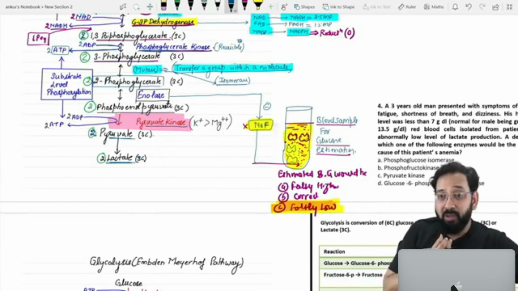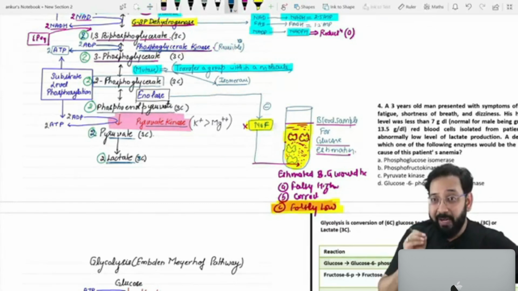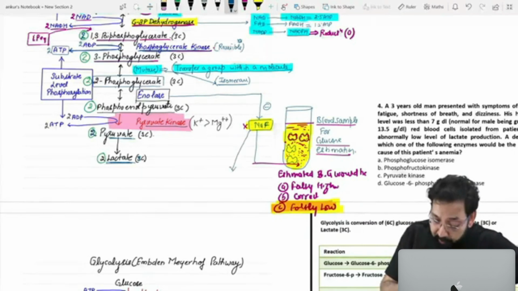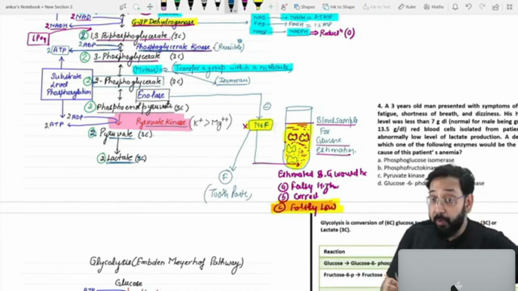So in the mouth, bacteria ferment the glucose and produce acid. When acid is there, we all know that acid is responsible for dental caries. That's why we add fluoride in toothpaste. Does your toothpaste have fluoride? Yes, that is sodium fluoride.